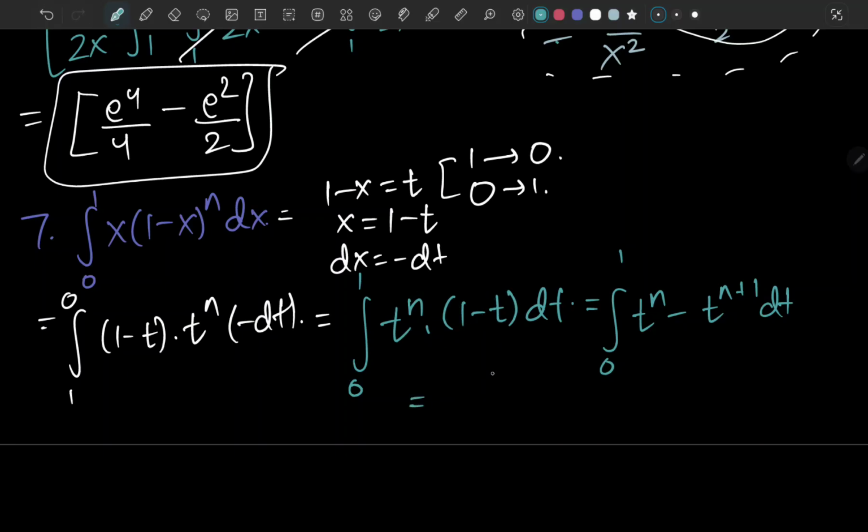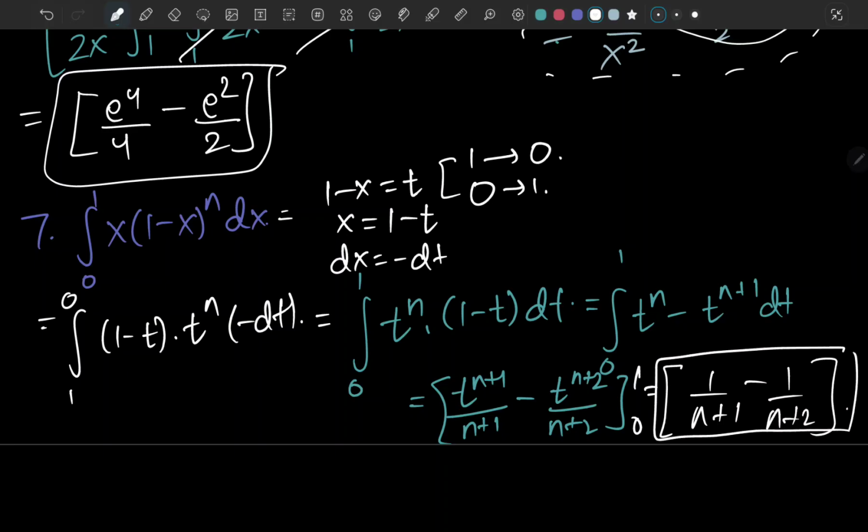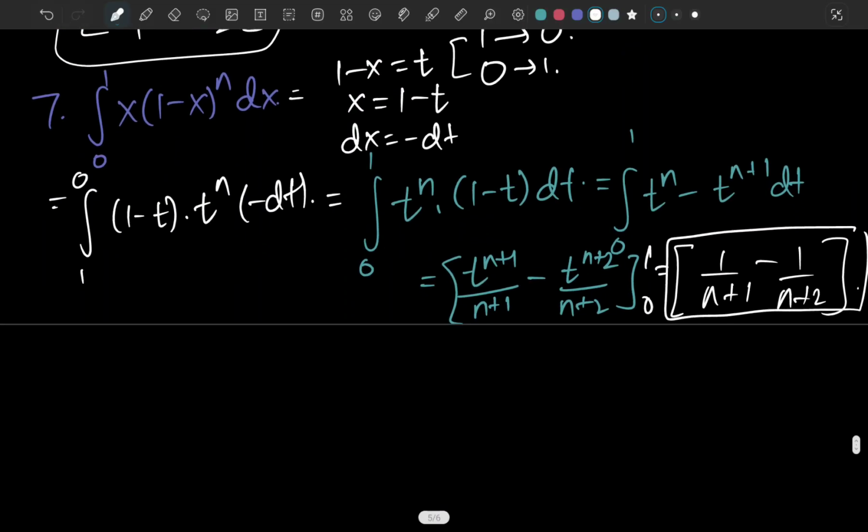So the integral of t to the n is t to the n plus 1 over n plus 1, minus t to the n plus 2 over n plus 2, evaluated from 0 to 1. So this becomes 1 over n plus 1 minus 1 over n plus 2. That's it. So that is our answer. We have generalized it, right?